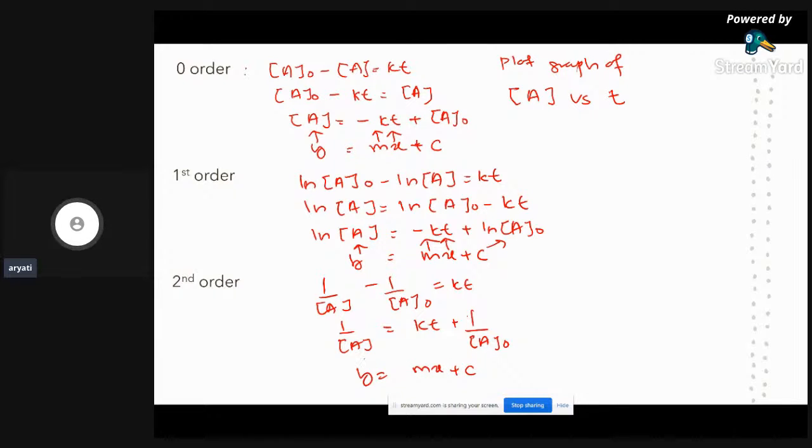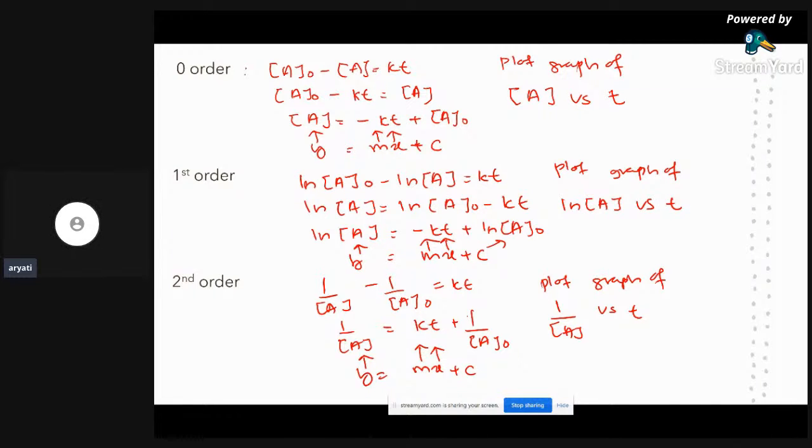So your y-axis is the value of 1 over A, x-axis is the value of t, and the rate constant k is equal to the value of the gradient. So for second order, you need to plot a graph of 1 over concentration of A versus time. For first order, you need to plot a graph of ln A versus time. Okay.